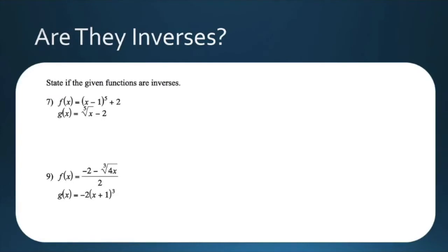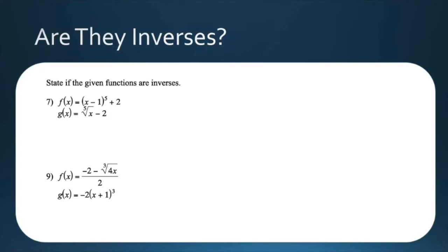And the question is, state if the given functions are inverses. So what we said is we have to plug one inside the other, and everything should cancel out to be what? X. So I'm going to let you choose. Are we going to plug f into g or g into f? Let's do f and g. Okay, so it doesn't really matter. You can pick.